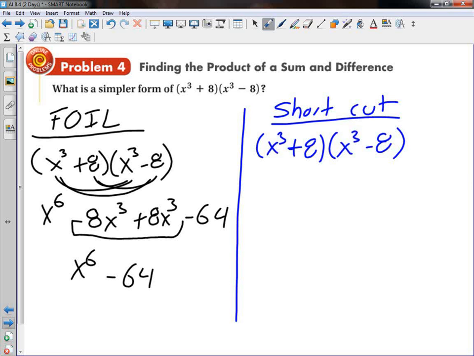Well, that's this term right here. So x to the 3rd squared, or x to the 6th. Then we're going to use second term squared as 64. And there is always, always, always a minus sign in between them. All right? Did these two come out looking the same? Sure did. Okay.